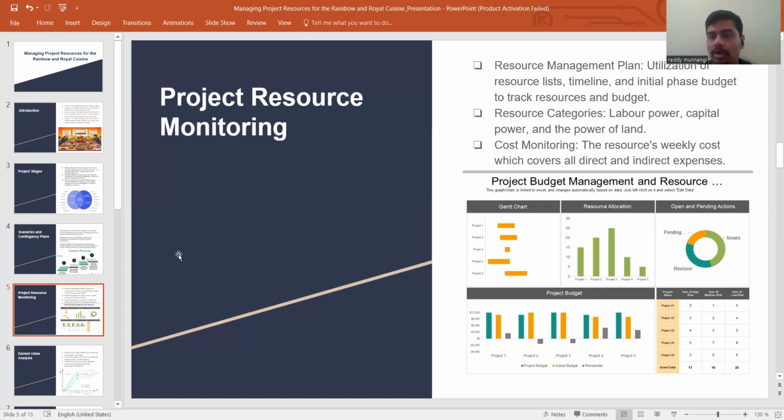By regular monitoring, we can control the use of more resources like labor, capital, or land, etc. There are different ways to monitor the project. I mentioned below the Gantt chart and the project budget, and you can see the candles, how they represent what amount of effort we are putting in here.